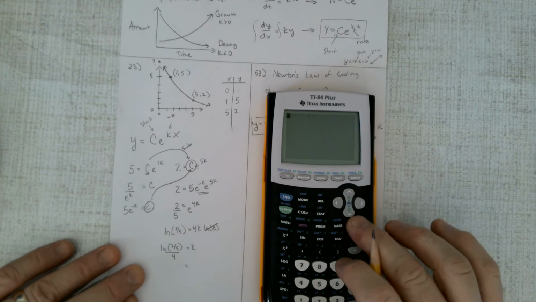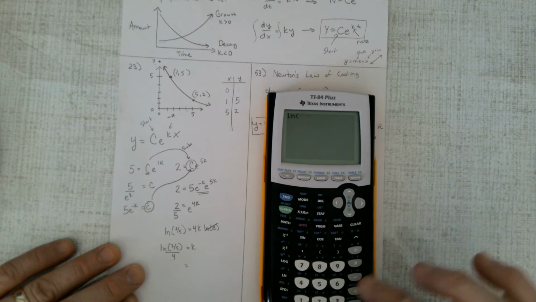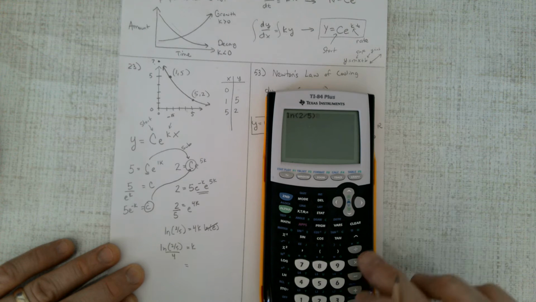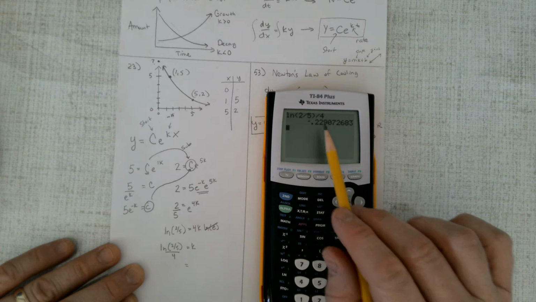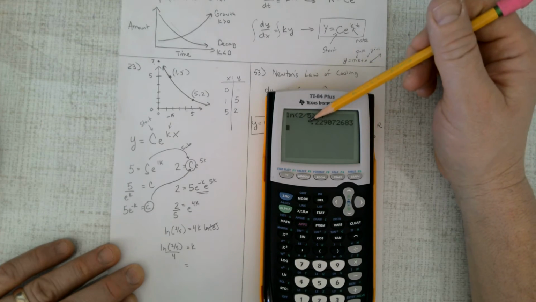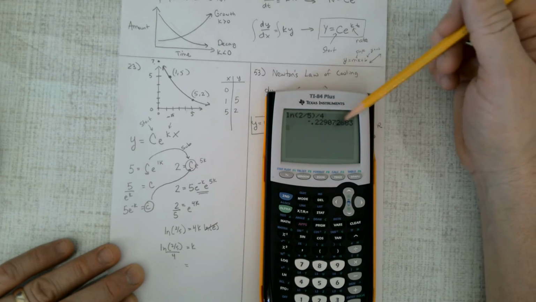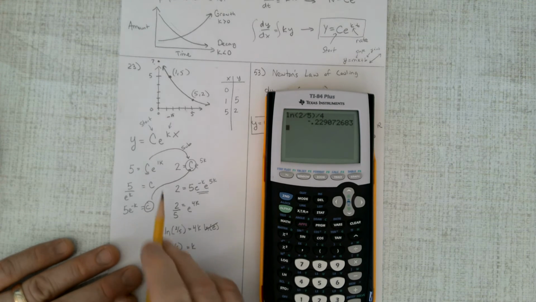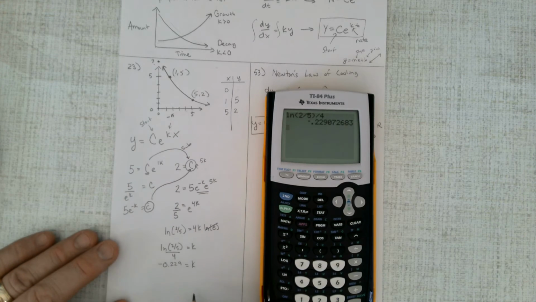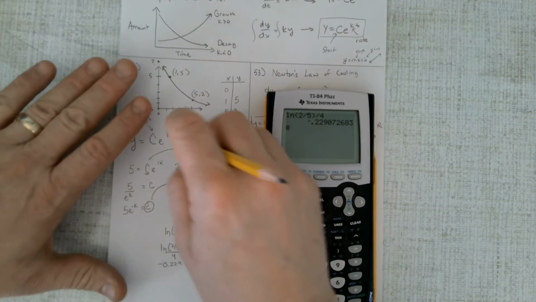On the calculator: natural log of 2/5 divided by 4, and that's my k value. It's about negative 0.229, which makes sense because negative means it's going down.